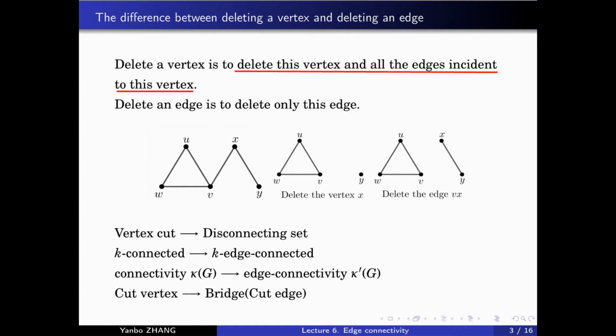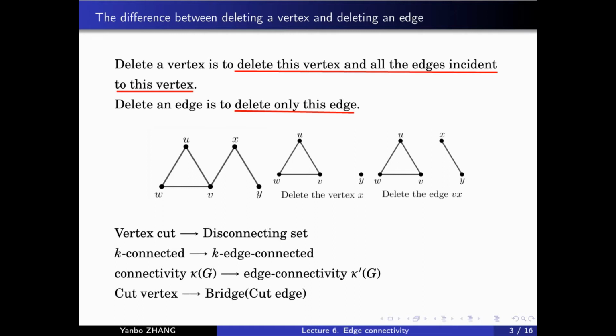Because every edge has two ends, if one end is deleted, the edge will no longer exist. To delete an edge is to delete only this edge. We do not delete its ends.